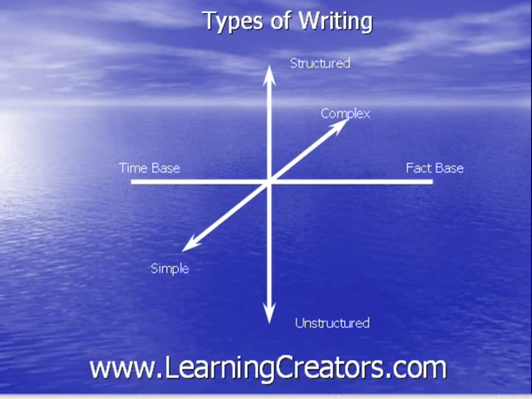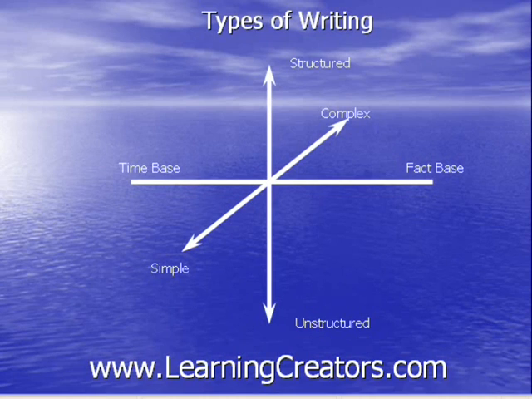Basically what you're looking at is how big the piece of writing you're doing, how many different pieces you're bringing in, whether it's very straightforward or whether it's complicated. Okay, so that's how you decide simple and complex. Now that will affect it mostly on whether or not you need to worry about the structure or unstructured. It just gives you a little bit more flexibility if it's simple, whereas it really limits you if you're complex.